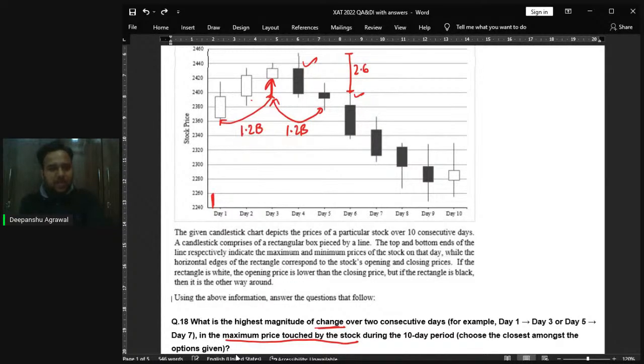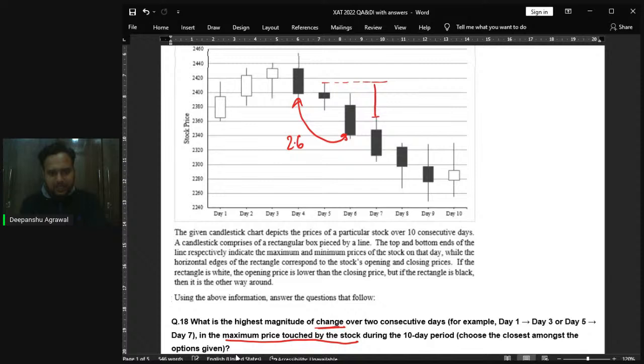So we can erase the rest of the things and see whether any other day has a difference greater than 2.6 or not. Okay, right. Now let's see the next two. How much is this distance according to you?